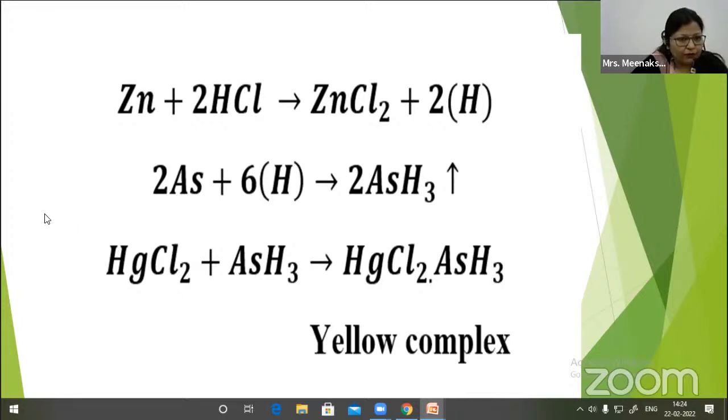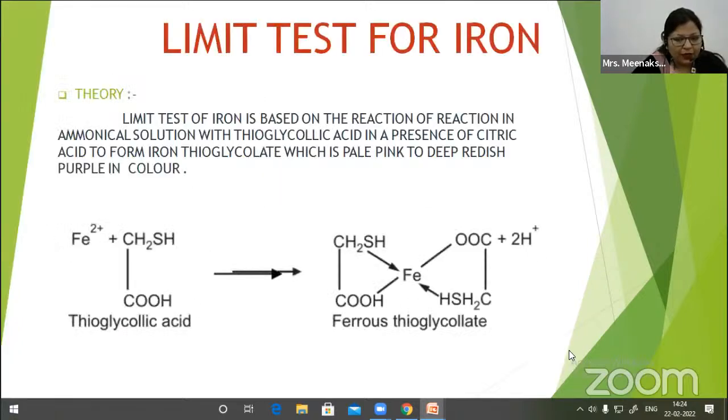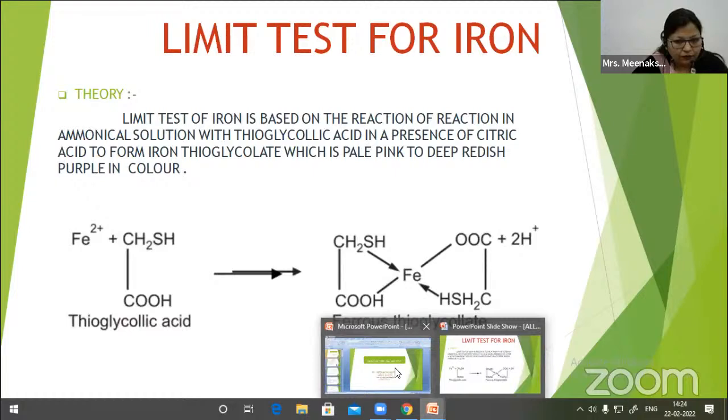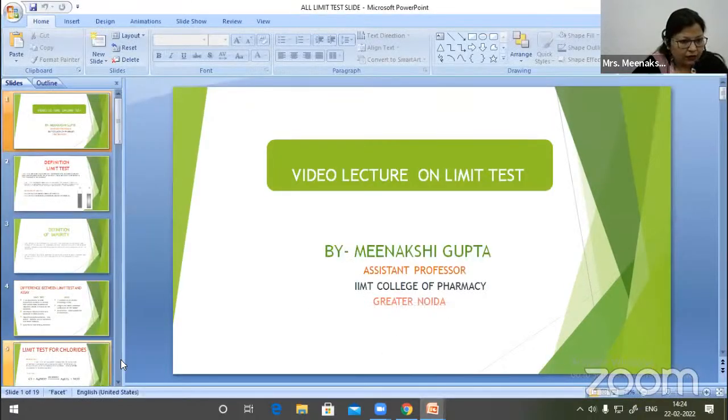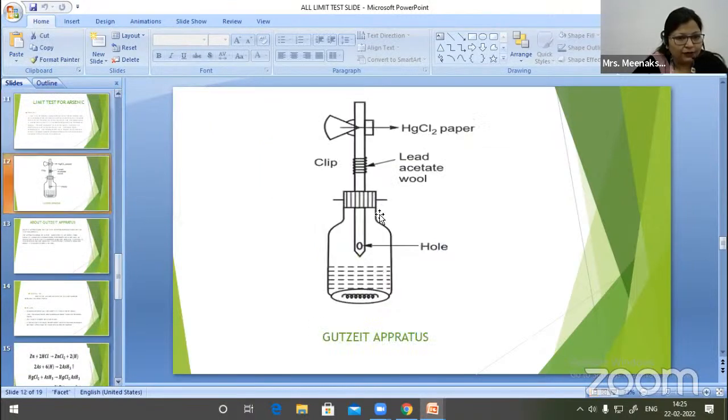The yellow stain on the mercuric chloride paper gives us the method to identify the impurities.